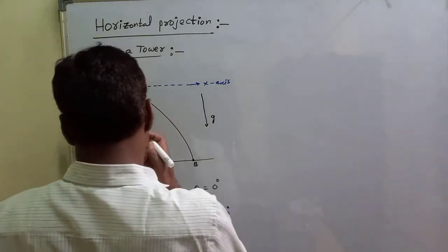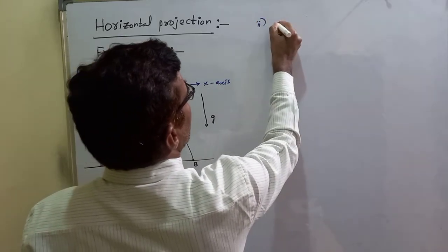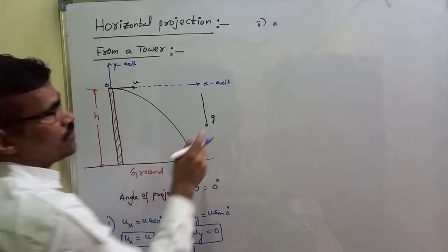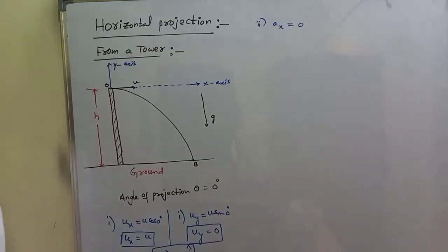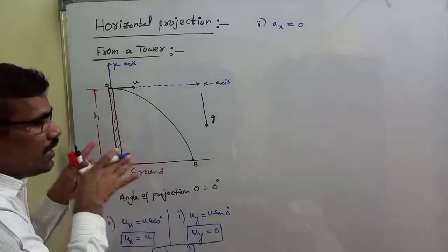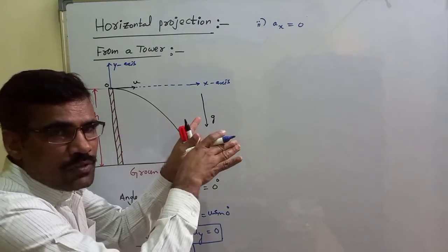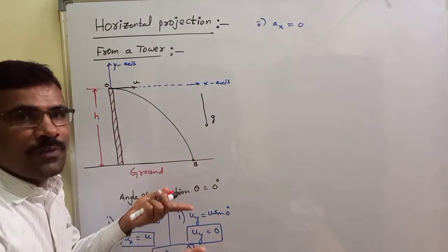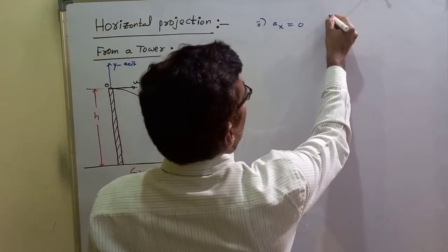Next, what is its acceleration? There is no acceleration in the horizontal direction. Why? Because there is no force in the horizontal direction. Net force 0, acceleration 0. F equals ma. So ax equals 0.